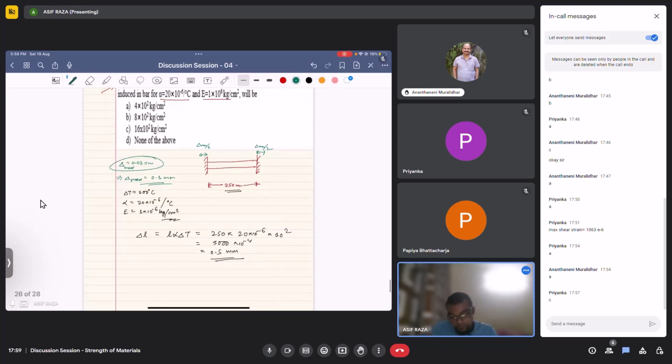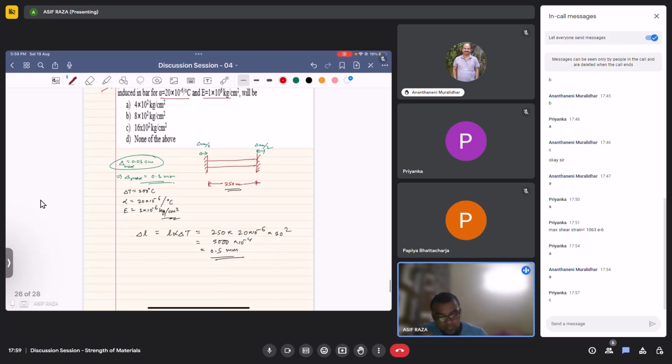So if it had been allowed to expand freely, it would have expanded 0.5 mm total, but the supports are allowed to extend only up to 0.1 mm. So the bar will expand up to 0.1, and then it would not be allowed to expand more. So the body will develop stresses.